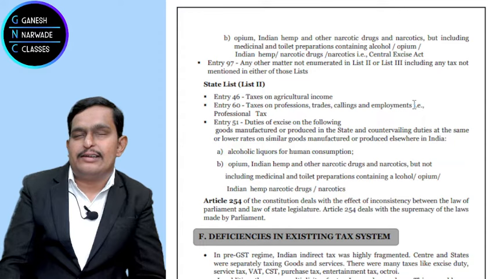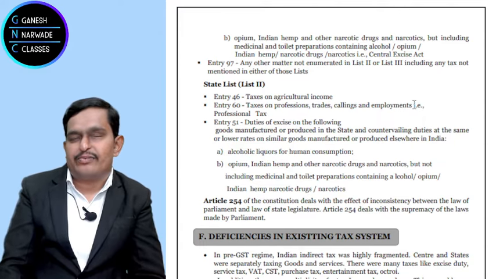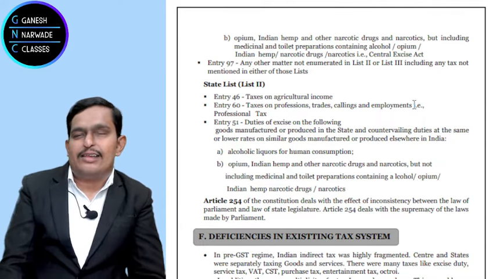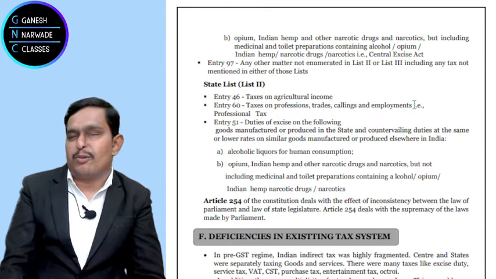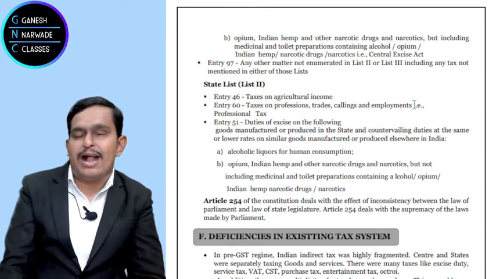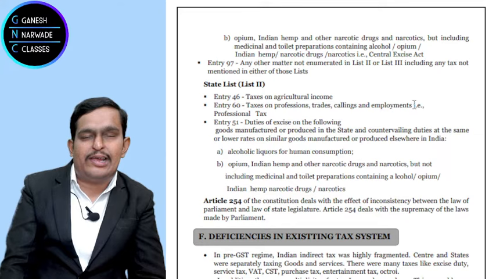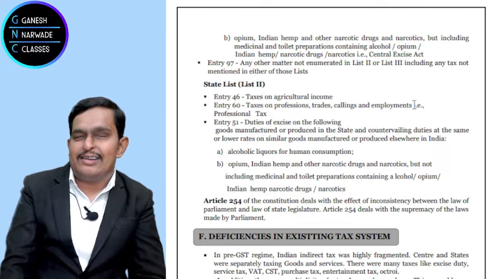Third thing, entry number 84. Now there are tobacco products, right? There are a lot of tobacco products. It is very bad for an individual to consume any form of tobacco. Any form means any form, including the crane, sweetie, whatever you call. I know many people were using tobacco products.